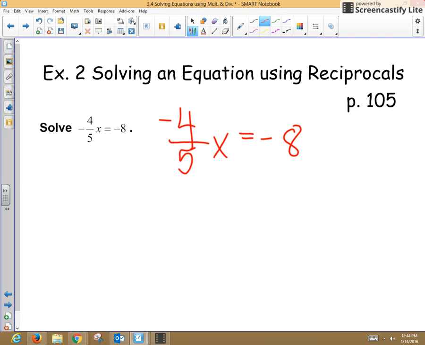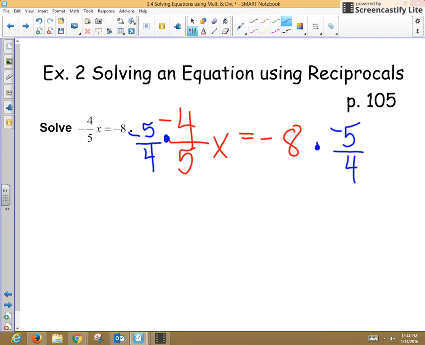To undo multiplication here, we have to divide. Now remember, dividing fractions is the same thing as multiplying by the reciprocal. So I'm going to multiply both sides times the reciprocal of negative 4 over 5, which becomes negative 5 over 4. And I'm going to do that to both sides to keep it equivalent.